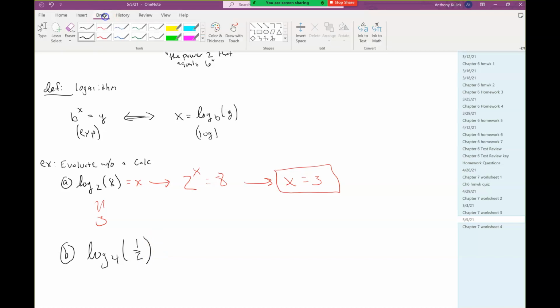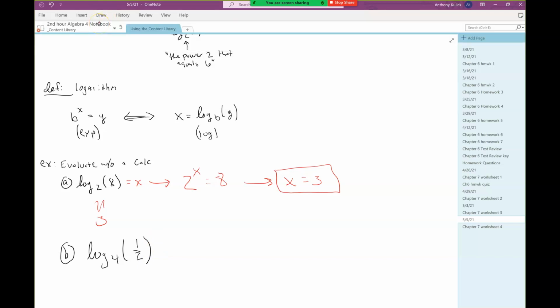So what if we did log base 4 of 1/2? We'll start the same way. We'll pretend that's equal to x. So what that means is 4 to the x is equal to 1/2.